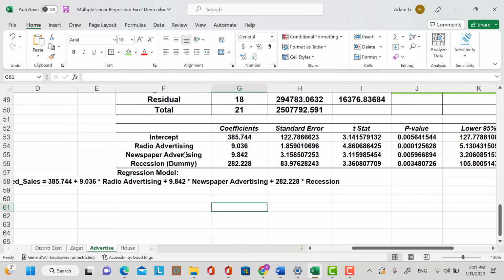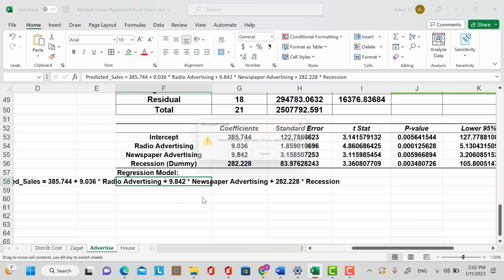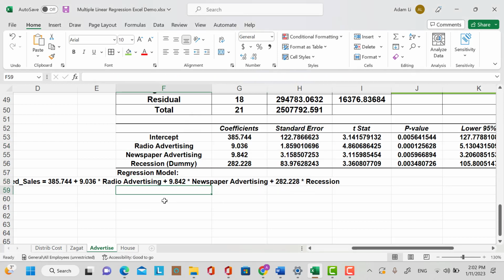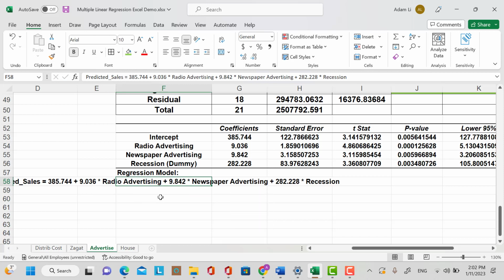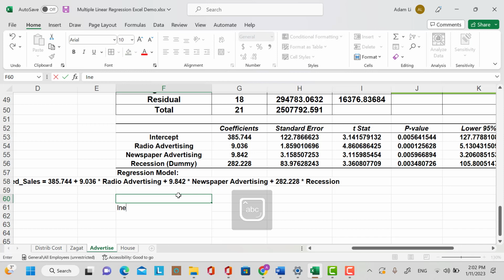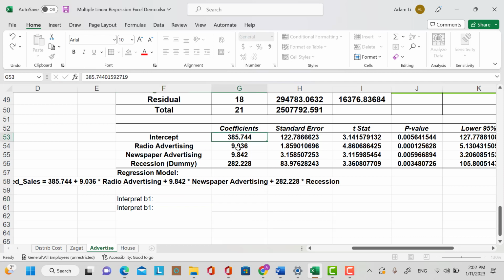Each one of these slopes. So first of all, let's interpret slope number 1, interpret B1.